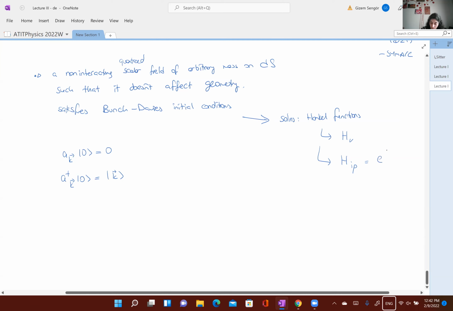These imaginary index Hankel functions are also denoted by this H tilde.